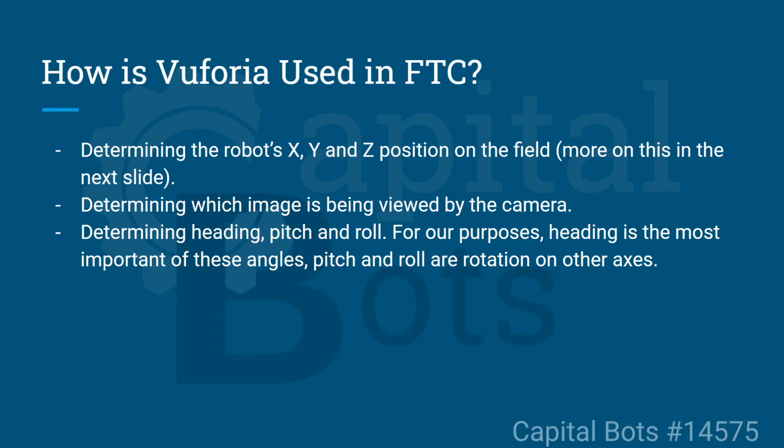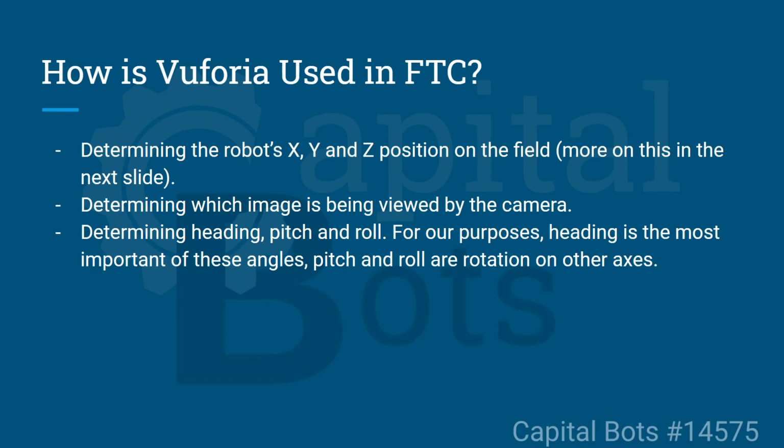Just arbitrary names. And then finally, we can determine the heading, pitch, and roll, which are all angles or rotation around certain axes, namely the X, Y, and Z axes. We're mainly going to be using heading, which is rotation around the Z axis, just because you won't see the robot rotating a lot around the X and Y axes.